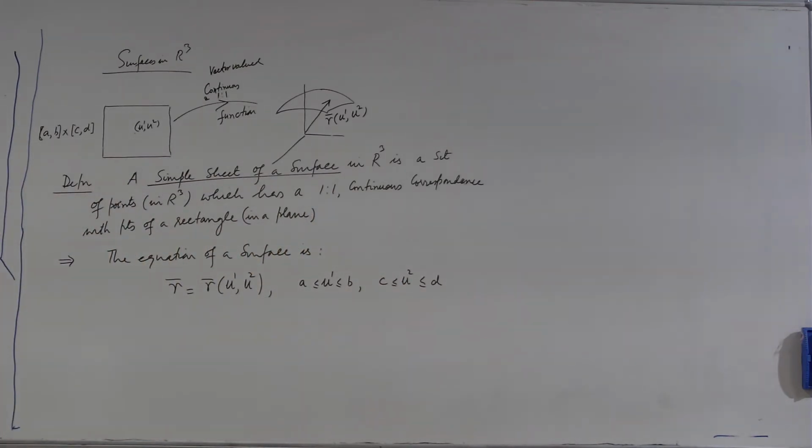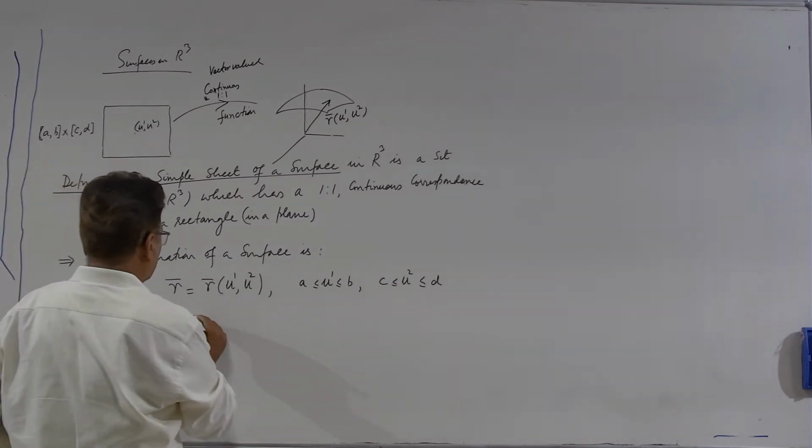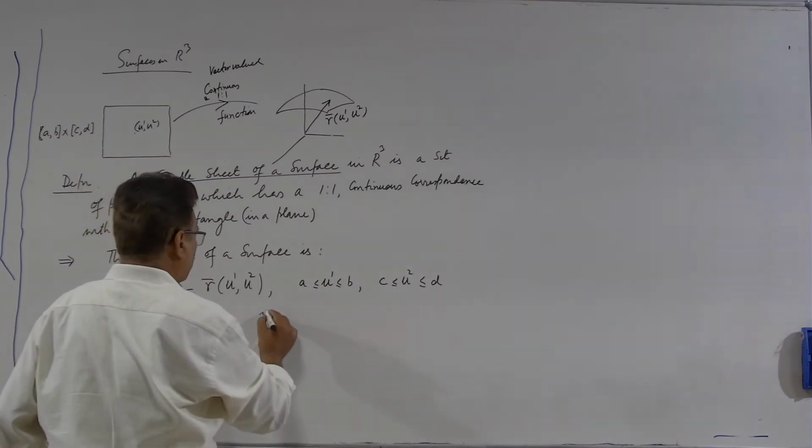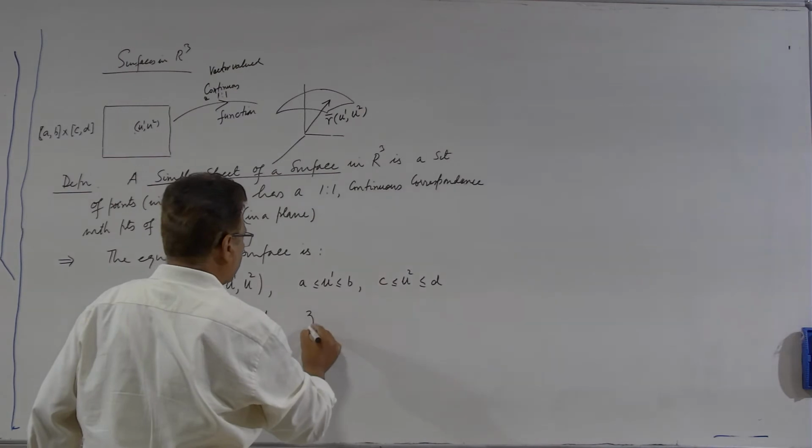All right. Now, R is a position vector of an arbitrary point, so it must have certain components. In fact, it has 3 components. So, the vector on the right side will have 3 components x, y and z.